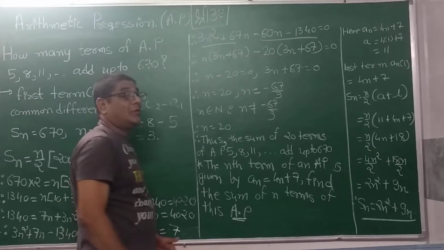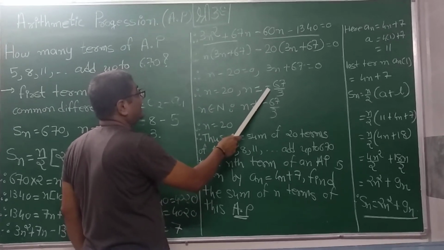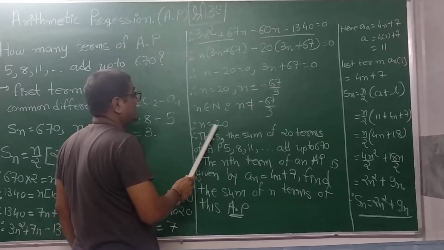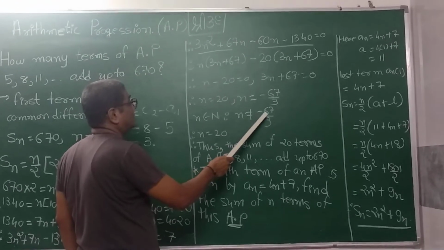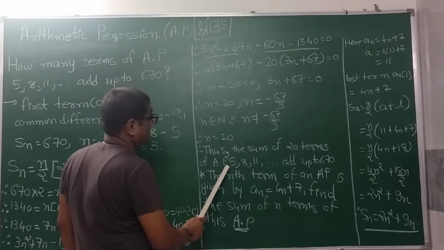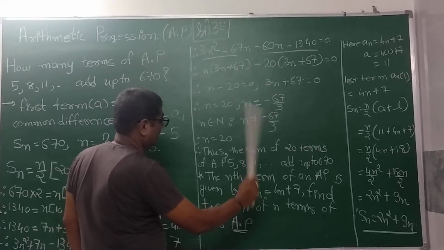With the help of linear equation, n is equal to 20 and n is equal to minus 67 upon 3. Because n belongs to the natural numbers, n is 20 and not minus 67 upon 3. Therefore, the sum of 20 terms of the AP 5, 8, 11 is 670.